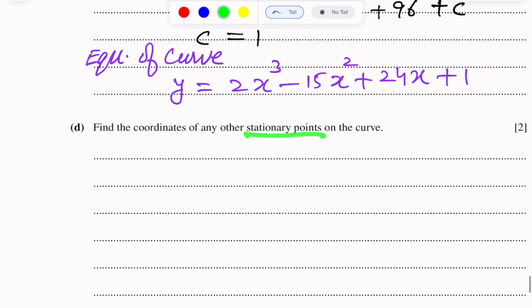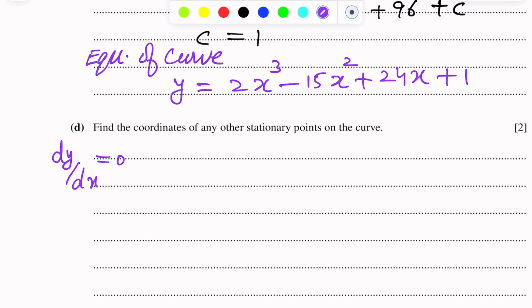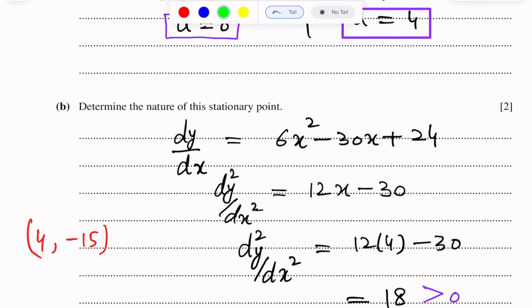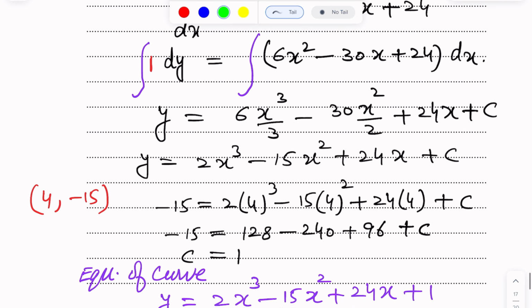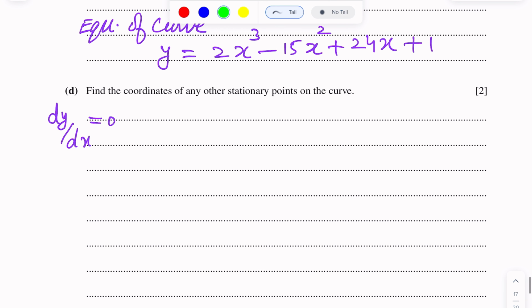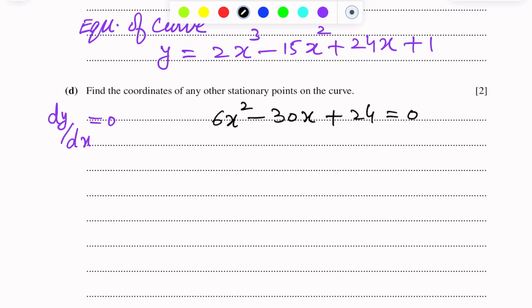So for a stationary point the gradient is 0, we know very well. dy over dx for a stationary point is 0. So putting the gradient equal to 0, the first derivative we have already: 6x² minus 30x plus 24 is equal to 0.